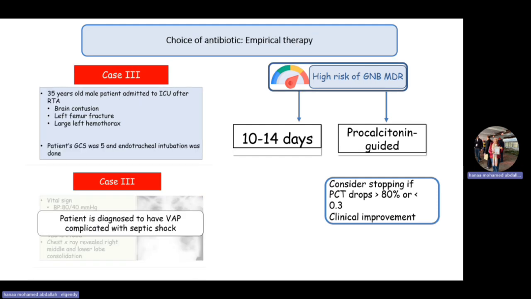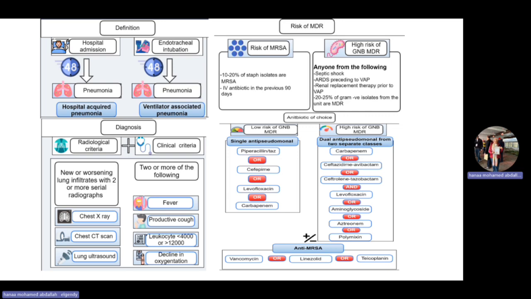So to sum up, the definition of hospital-acquired and ventilator-associated pneumonia could be extended to 72 hours, not only 48 hours after ICU or hospital admission or after ventilator or endotracheal intubation, and the diagnosis depends on radiological findings.